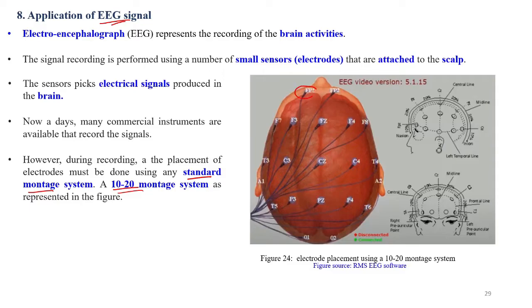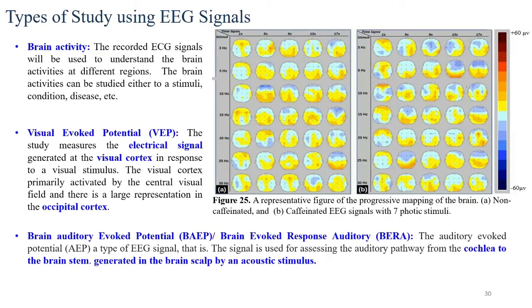FP means frontal, in our forehead we place these electrodes. Then after a certain distance, we have F, the frontal part of the brain, F7, F3. Then FZ is the central part of the frontal lobe. Then F4, F8. Then T3, C3. At the different parts of the skull, we place the electrode, and from there we can take the reading.